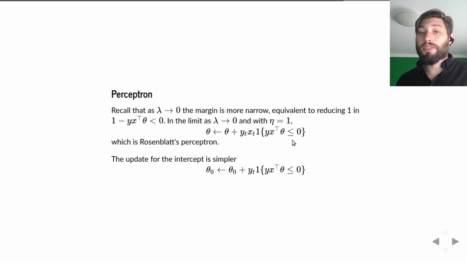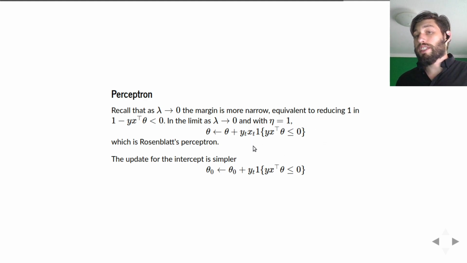So what is this doing logically? First of all, this indicator event happens if we were wrong. If y did not match the sign of x transpose theta, then this is going to be negative, and we were wrong, or if it happens to be exactly 0.